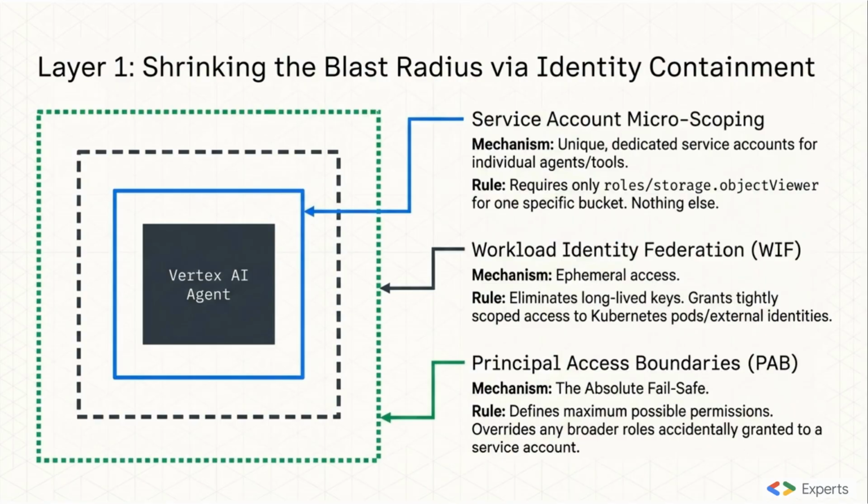Finally, apply principal access boundaries to enforce the maximum permissions an agent can ever receive. Even if someone accidentally grants broader IAM permissions, principal access boundaries act as a final safety net. Identity should always represent the smallest possible blast radius.